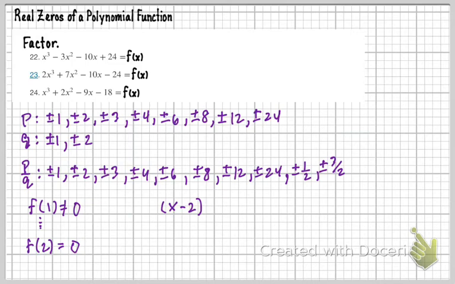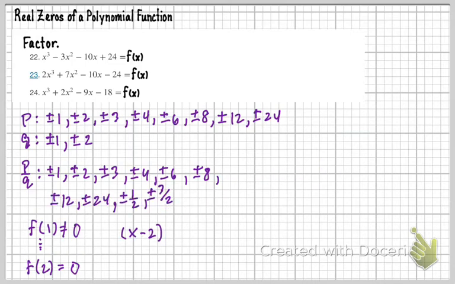So I'm going to make a little room. So for my synthetic division, I have to put the 0 there, not the factor. And I put my 2, my 7, my negative 10, and my 24, which is also negative. Draw my line, bring down the 2 from here. And then 2 times 2 is 4, put it there. Add the 7 and the 4, that's 11.